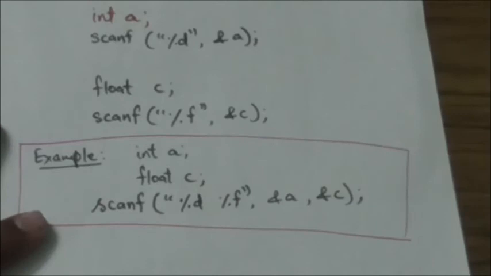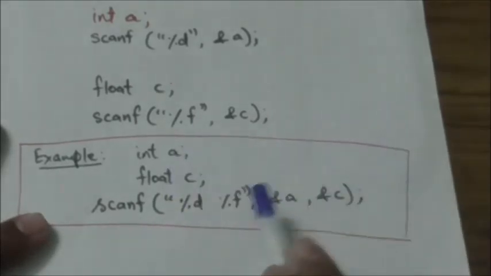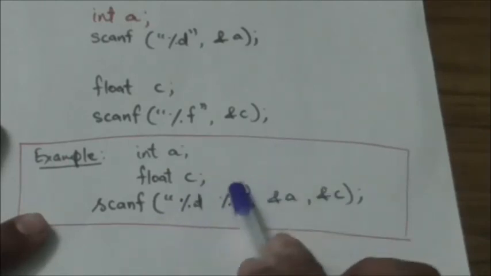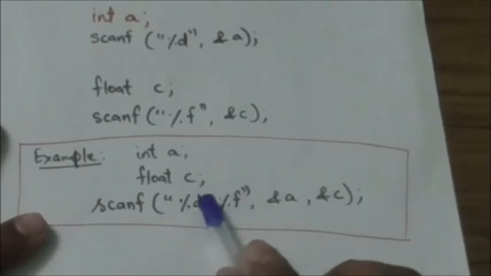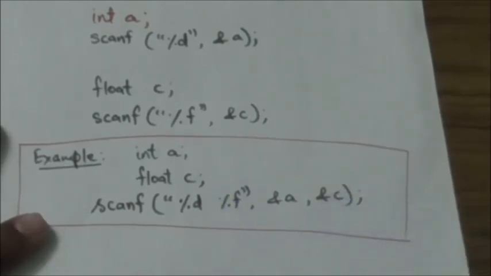So what happens when the user enters a value, right? He should first enter a decimal integer through the keyboard. When he types the first decimal integer value, that value will be stored in variable a. After that he will have to enter the floating point value. That floating point value will be stored in the variable c, right?